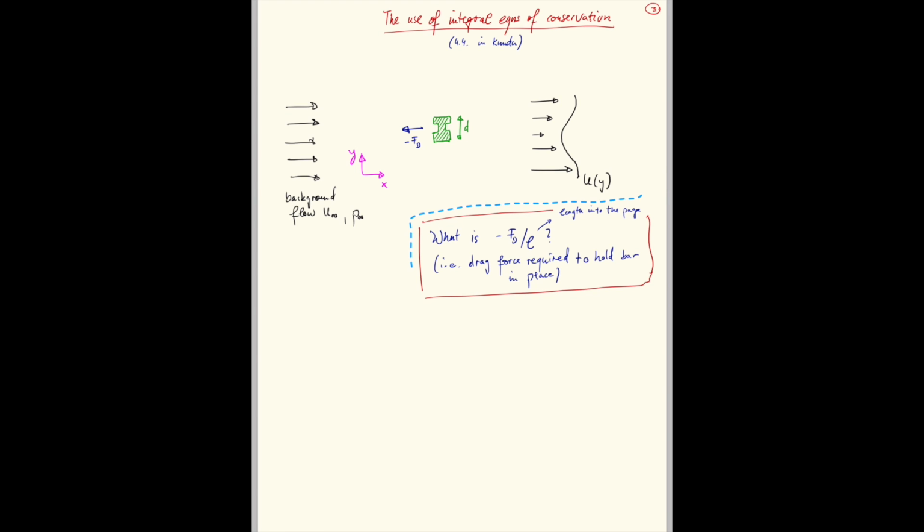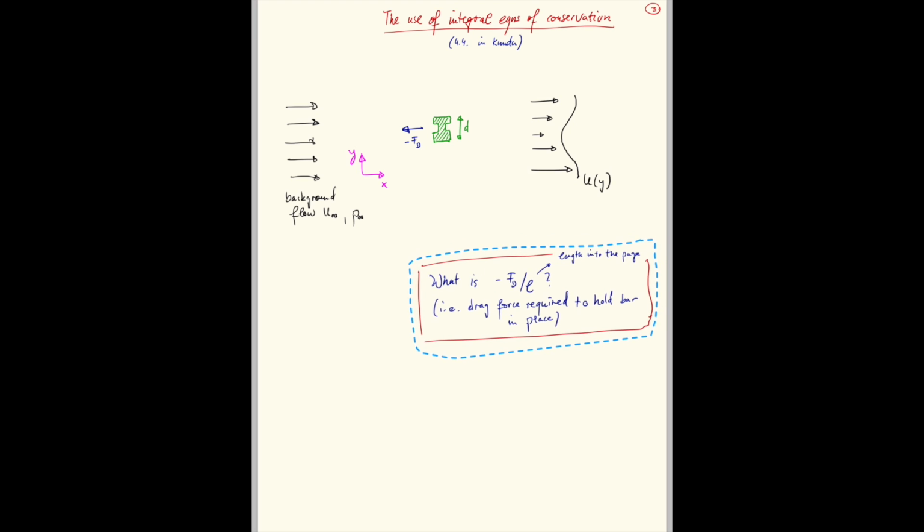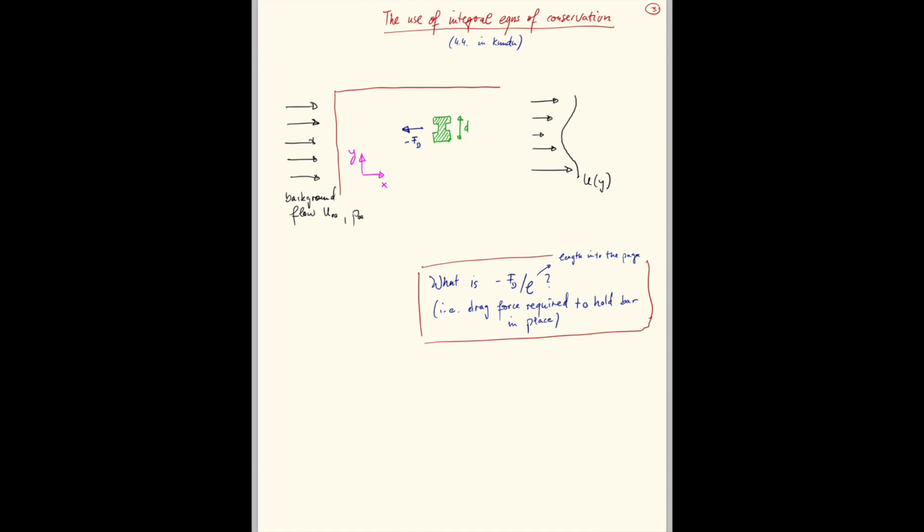Let me move this down a bit. Okay, the way we go about this is we first pick a control volume, and then we apply the conservation of mass and momentum over this control volume. So the control volume has some height h.